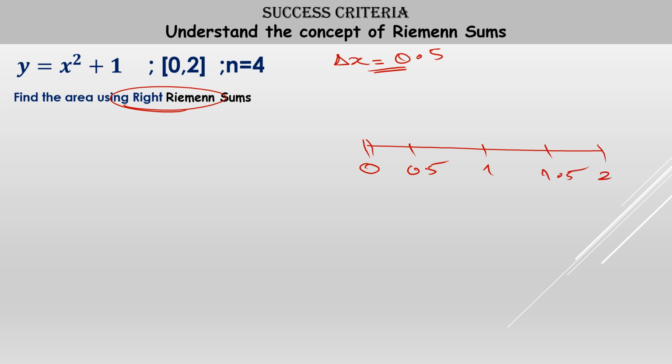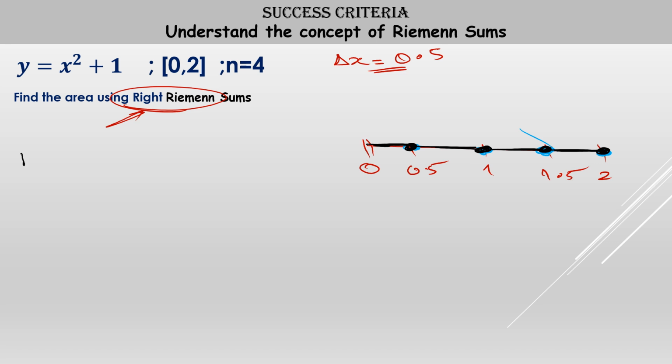Now we have to take the right corners. For the first rectangle, this is the right corner. Second rectangle, this is the right corner. Third rectangle, this is the right corner. And for the fourth rectangle, this is the right corner.